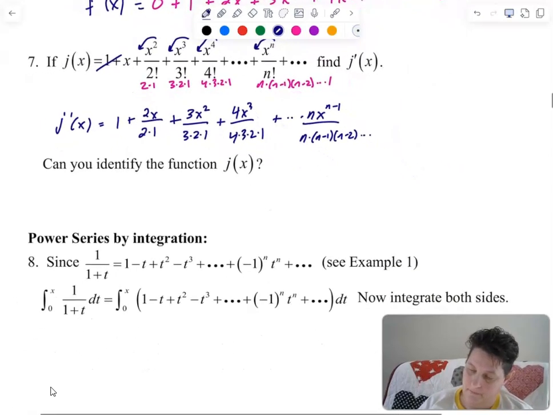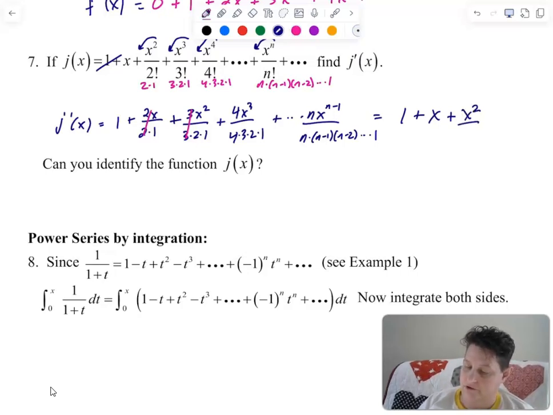And if we simplify this, here's what I get. 1 plus, now right here the 2's will cancel out, so I get x over 1, so I get x, plus, right here the 3's will cancel out, so I get x squared over 2 times 1, which is 2 factorial.